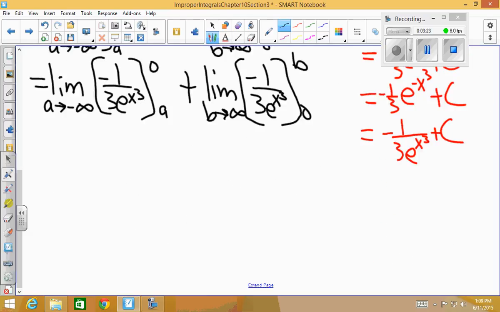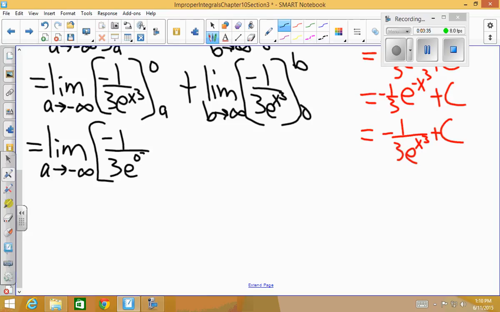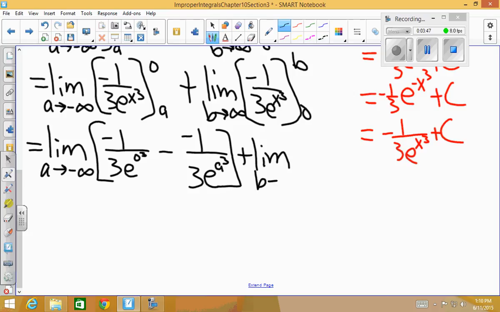Okay. We evaluate the limits at the limits of integration. So first we substitute in 0, so 3e to the 0 cubed, minus, then you substitute in a, 3e to the a cubed. Similar thing happens for this second limit. We evaluate that antiderivative at the limits of integration.